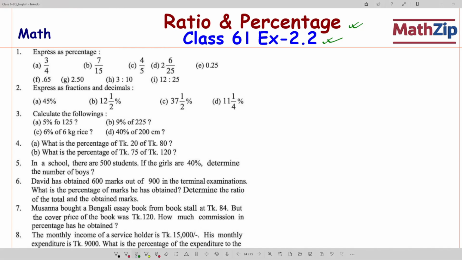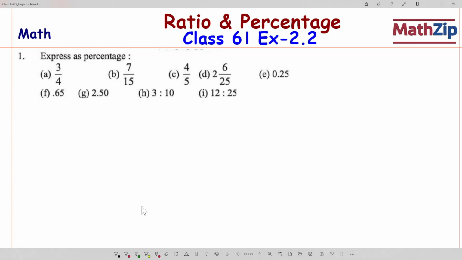Let's start. Before expressing as percentage, you have to know percentage is equal to 1 divided by 100. Therefore, quotient A, 3 divided by 4, we have to make like just one thing.